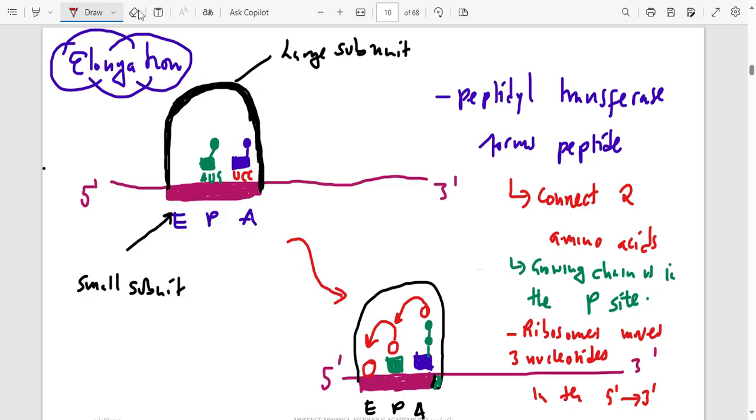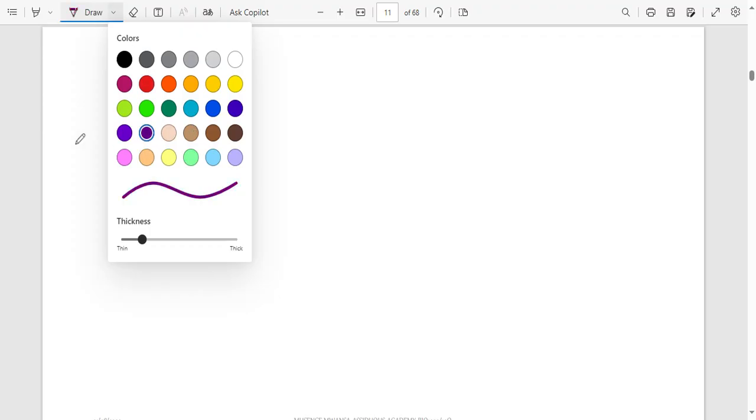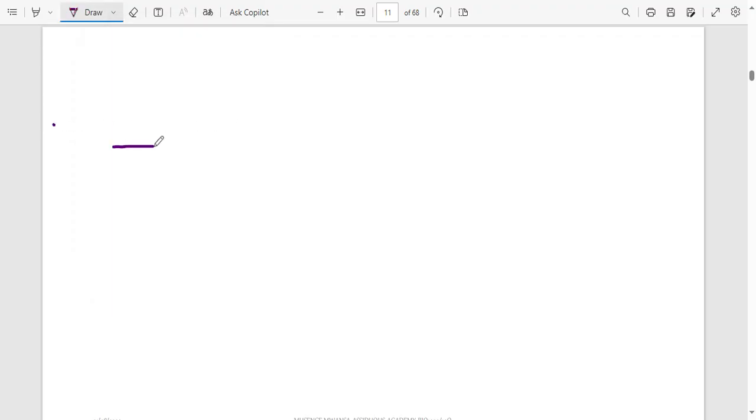And when that happens, let's go now to the next stage. We write that on the next board. So now what we have formed is this. Now that we have moved the three nucleotides, this is still our small subunit, and then we have got our large subunit also on top.